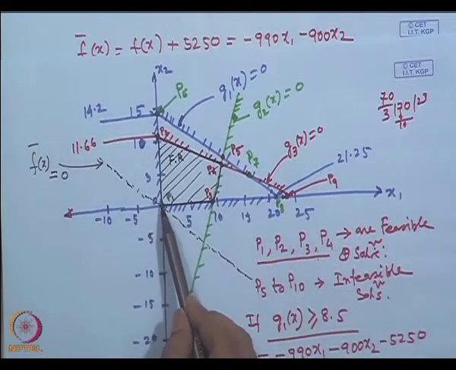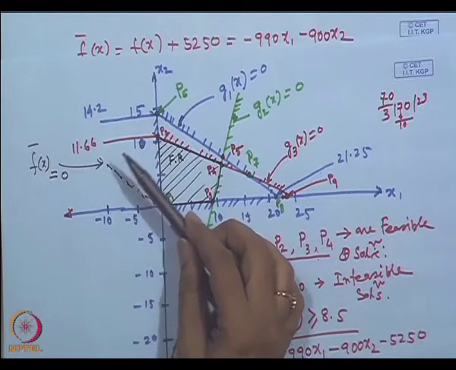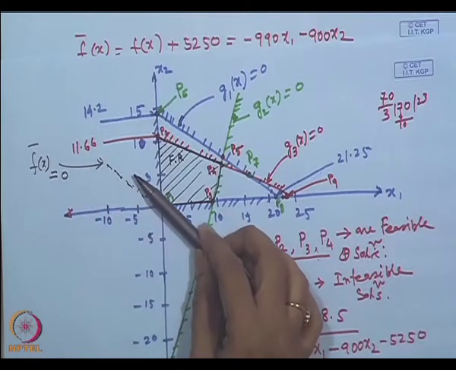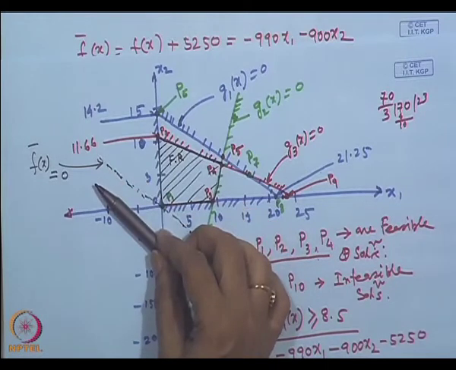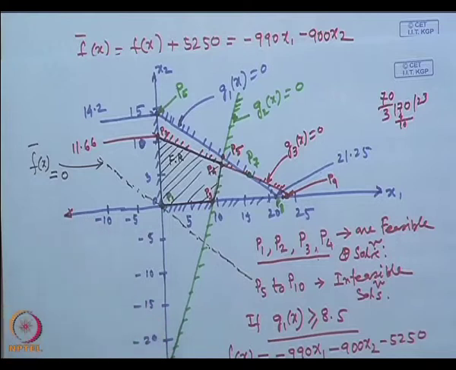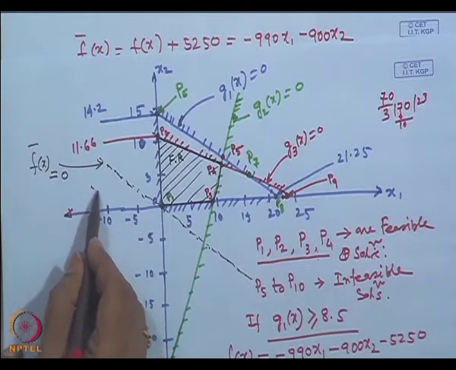So, the minimized value of the function f bar is 0 here. So, we can go below. Suppose you go parallelly below this one, I am showing it parallel to this one.